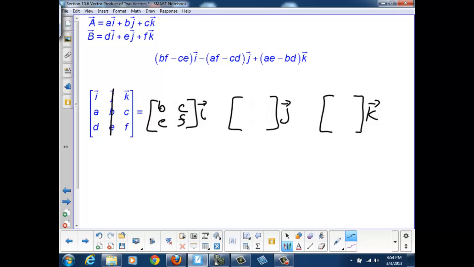I'm going to eliminate the row and column that j is associated with, and now I have A, C, D, F for j. And finally, I'm going to do the same thing to create my k matrix. Eliminate the row and column associated with k, and I end up with A, B, D, E.